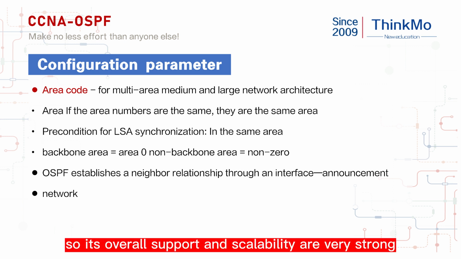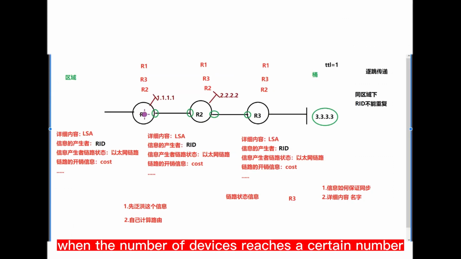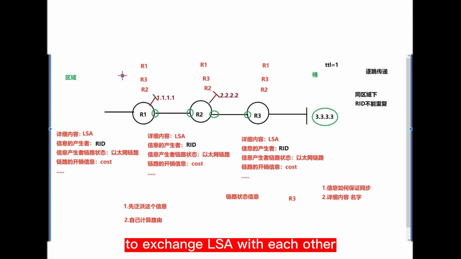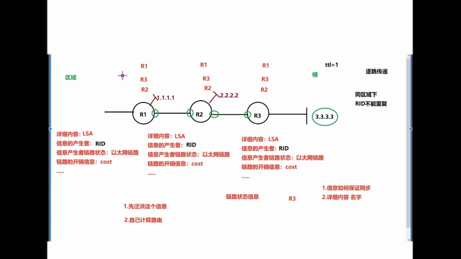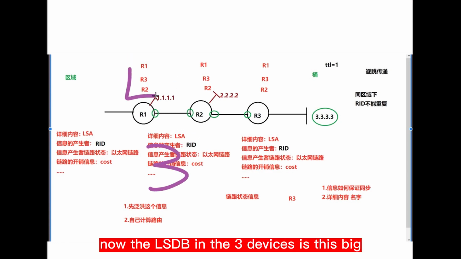So its overall support and scalability are very strong. It can support a lot of devices. When the number of devices reaches a certain number, we'll find that all devices in OSPF exchange LSAs with each other and synchronize the overall LSDB. Now the LSDB in these 3 devices is this big.